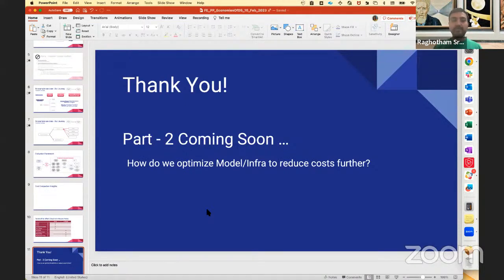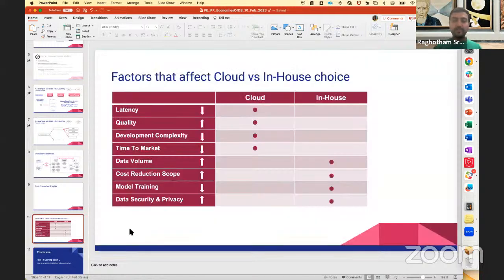One is the cost aspect, and like Saurav showcased, it's not always just cost which decides if you want to build or buy. A lot of organizations have regulations where they're not able to send their data to the cloud. So with data security and privacy in the picture, you would want to build it in-house.